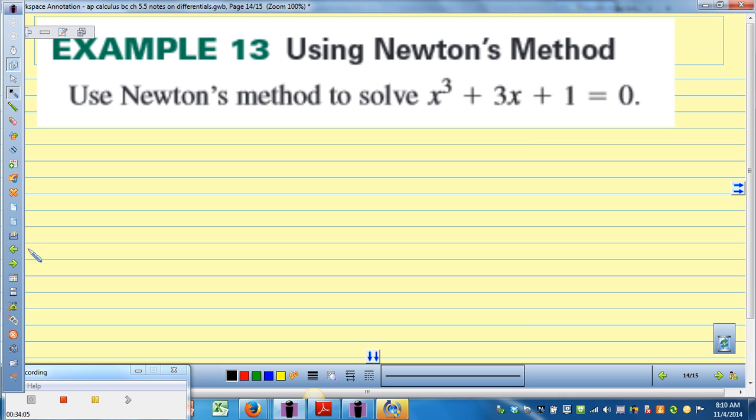So using Newton's method, solve x cubed plus 3x plus 1 equals 0. So we're trying to find the x-intercept, or the root.